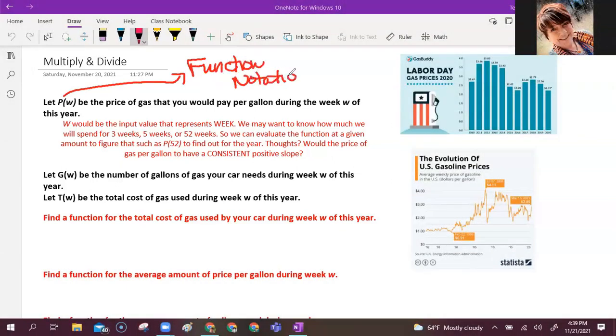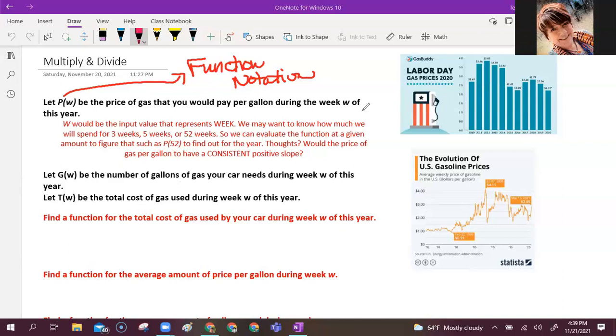The whole point is, can you read the function notation? Can you understand how to read it? All right, so we know the price per gallon. G of W is how many gallons you're going to need in your car. T of W is the total cost that you're going to be using during the week.